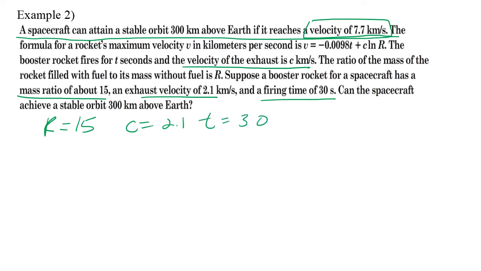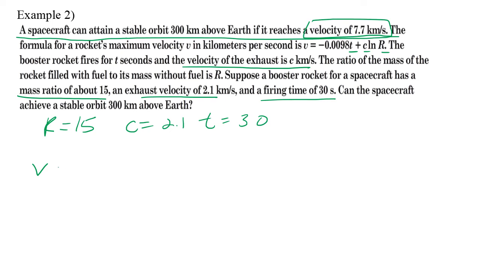So I have all these variables, t, c, and r, to plug in. We want to know if what we get is going to reach 7.7 or higher. So we need this velocity to be equal to or greater than 7.7, correct?